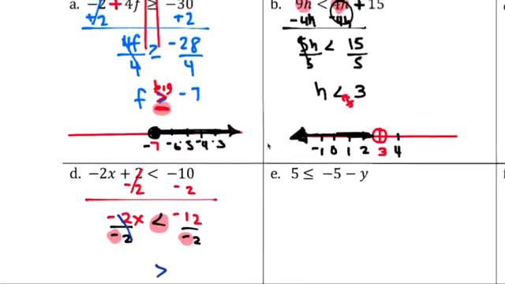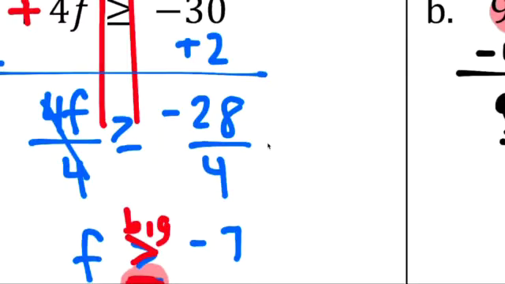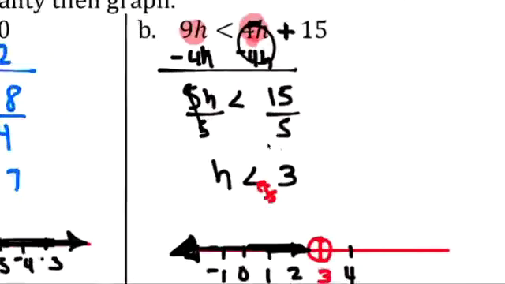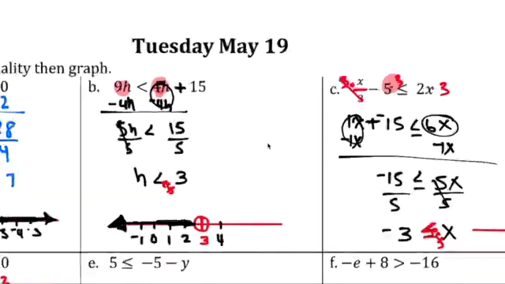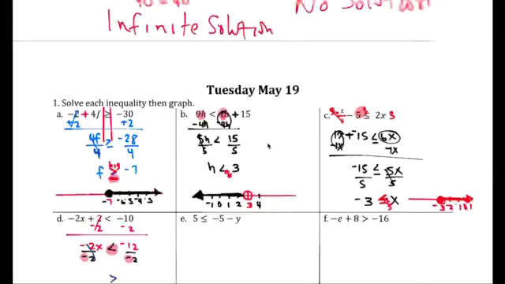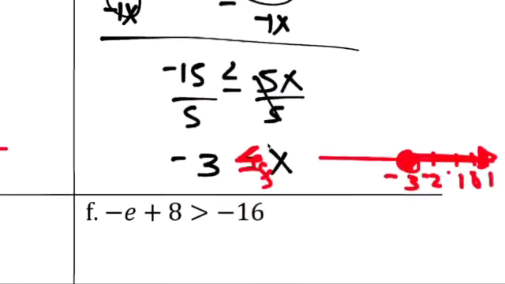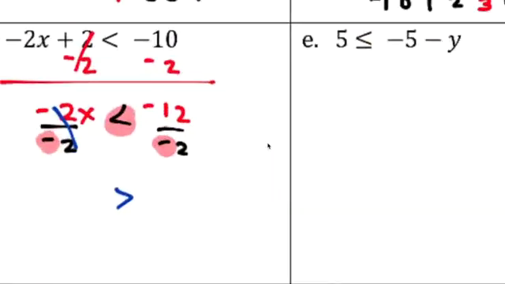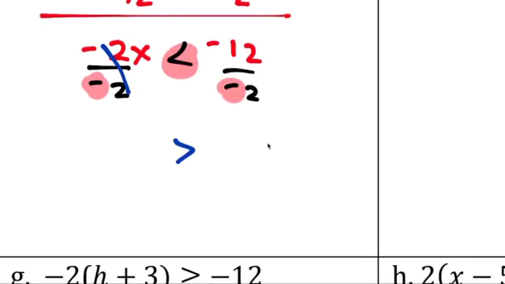If you divide by a positive, like all these, this was 4, you divide by 5 here, you multiply by a positive here, nothing changes. Divide by a positive, nothing changes. But once you divide or multiply by a negative, the inequality switches from less than to greater than.